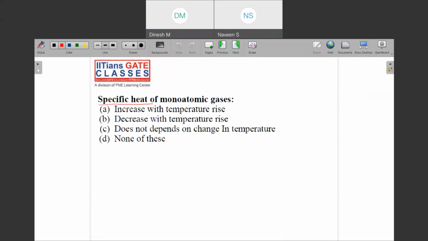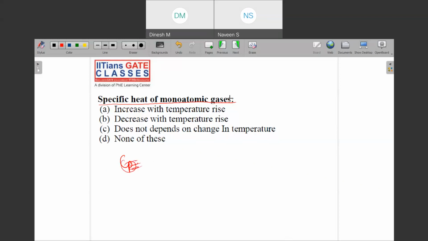Specific heat of monoatomic gases. What happens with the monoatomic gases? Specific heat increases or decreases? Can you recall? See, specific heat, it is the ratio of gamma.